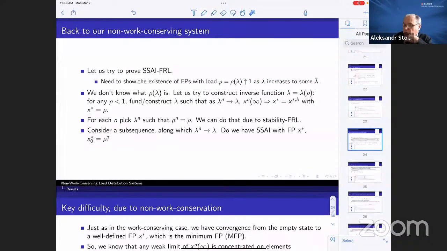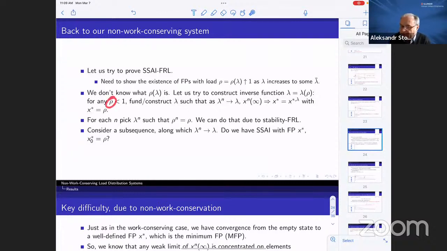But again, we don't know what rho of lambda is a priori because of non-work conservation. So instead of trying to construct this function, let's construct the inverse function.